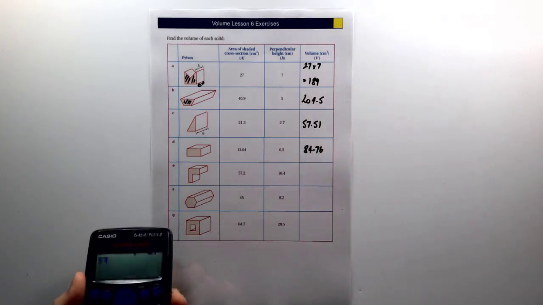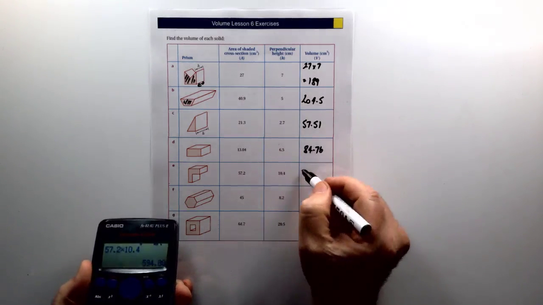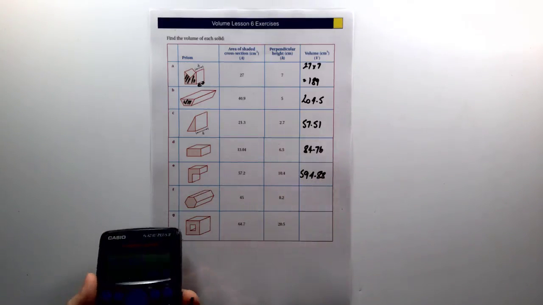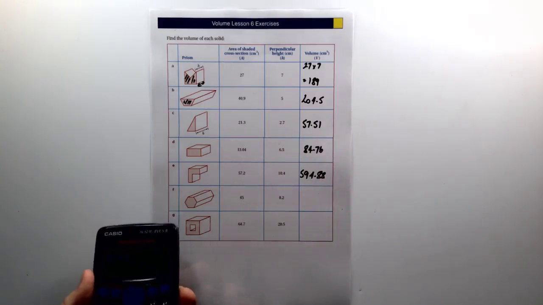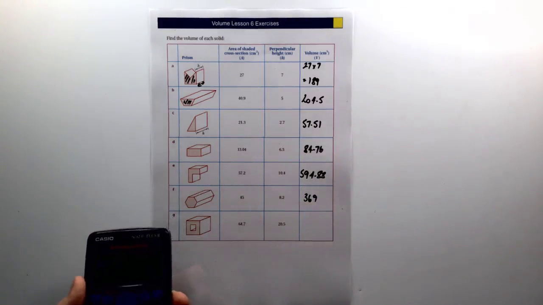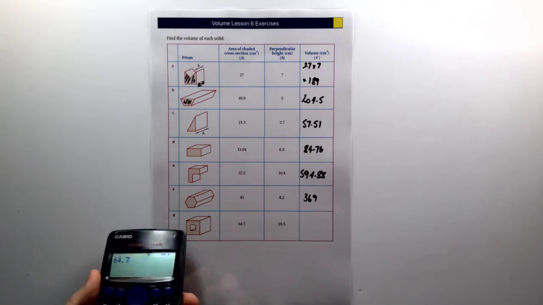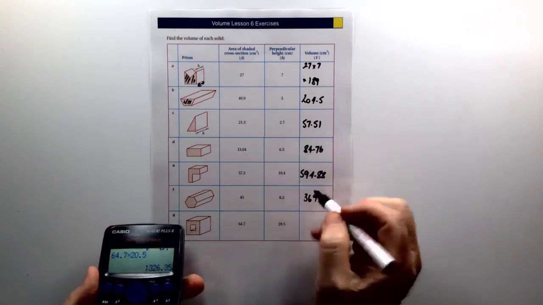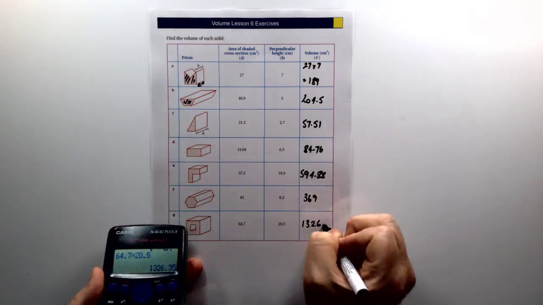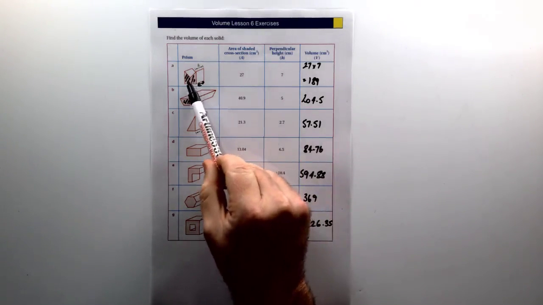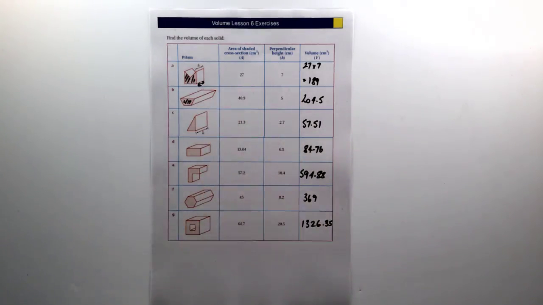We've got 57.2 times 10.4, 594.88. 45 times 8.2, that's 369, and 64.7 times 20.5, so that's 1326.35. So in each case what we were doing is multiplying the area of the cross section times the height.